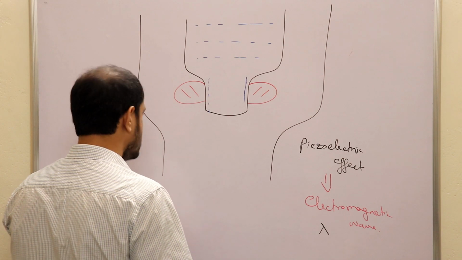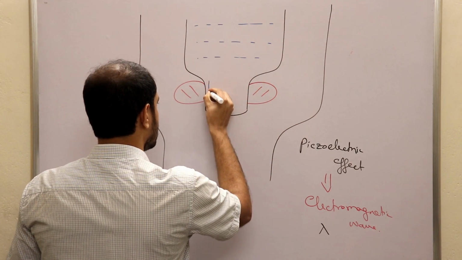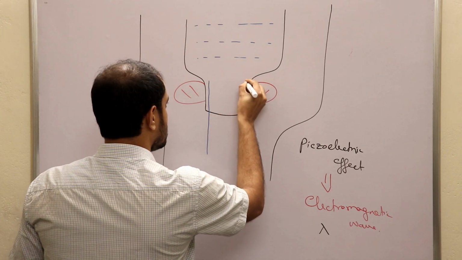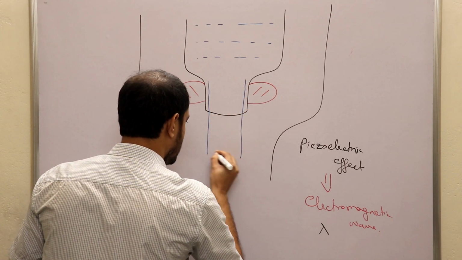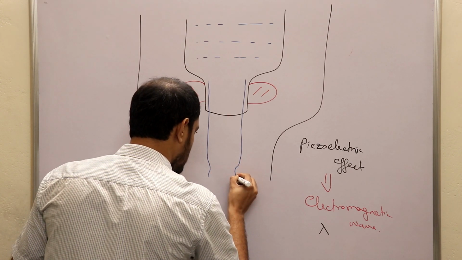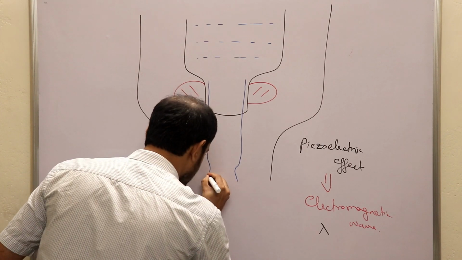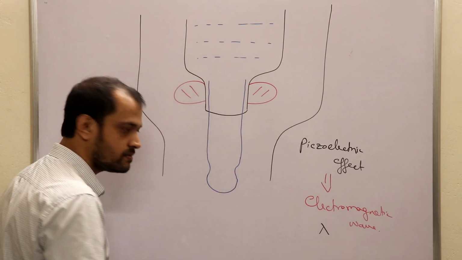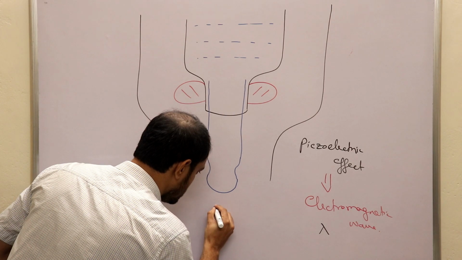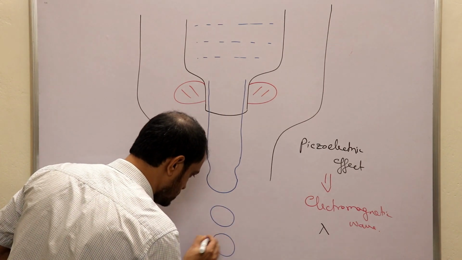Now listen, suppose this is your fluid which is on the verge of breaking into a droplet. Oh my god, it is not a droplet. So these are your droplets. I am not drawing the cells right now.